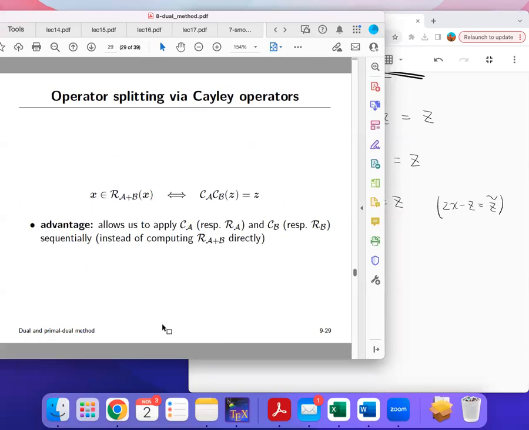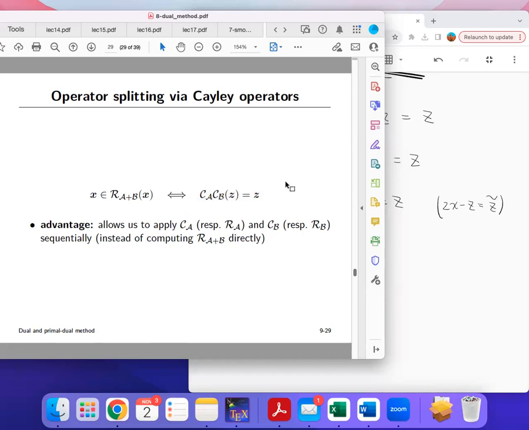Okay, so this is called operator splitting algorithms. And there's a book about that. But this is one of the most important ideas.